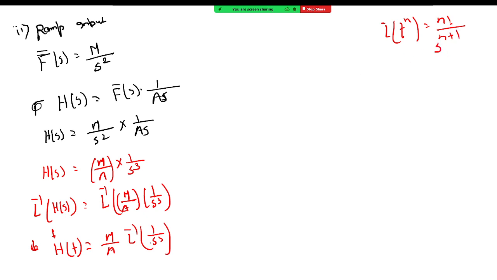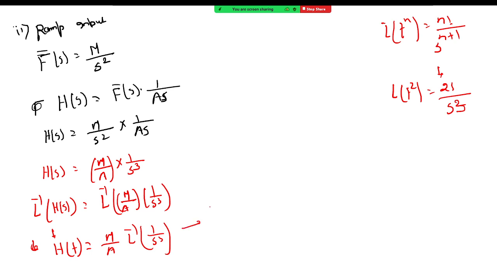Here s to the power 3 is there, so can I write s to the power 2 plus 1? So Laplace of t square gives factorial 2 upon s to the power 3. Here I have to multiply and divide by 2.